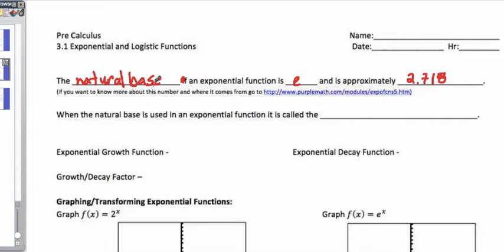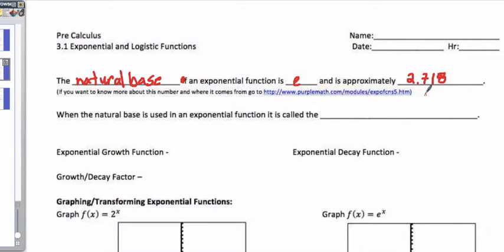All right, so the natural base of an exponential function is e, and this number e goes on forever just like pi, and so we round it off typically at 2.7 or 2.72 or 2.718. I'm going to put in all 3 decimals in this case.